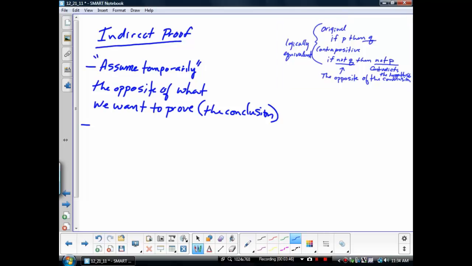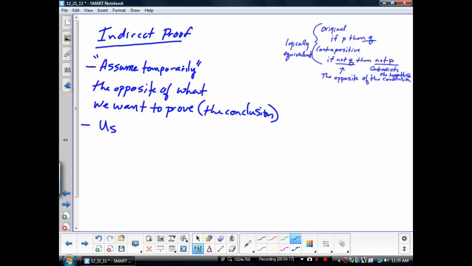We then use that assumption and logical reasoning with the theorems we have, the definitions we have, the postulates or properties, to arrive at the contradiction of the given or some other known fact.